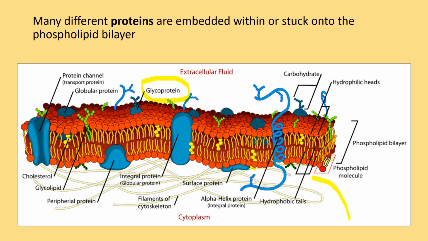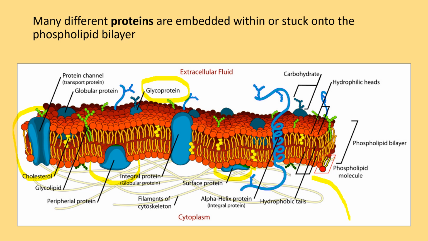So down here, we have this protein here in blue, and it's only associated with the phospholipid heads on the intracellular surface, the inside surface of the plasma membrane. And then we have other proteins like this one here, which is kind of stuck in but doesn't go all the way through the plasma membrane. And then we have, let's say, this one over here. This is what's known as a transmembrane protein.